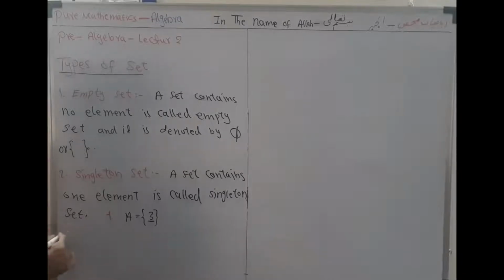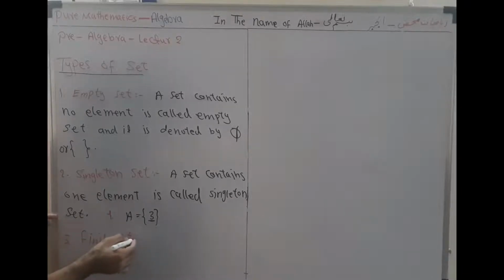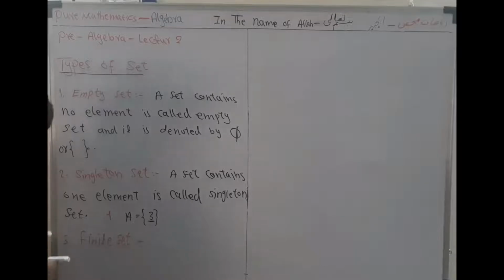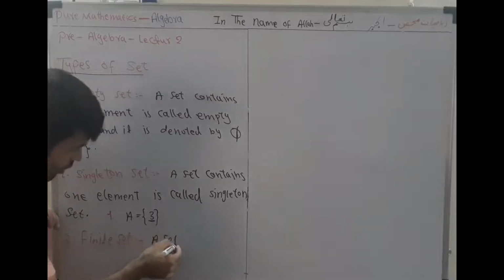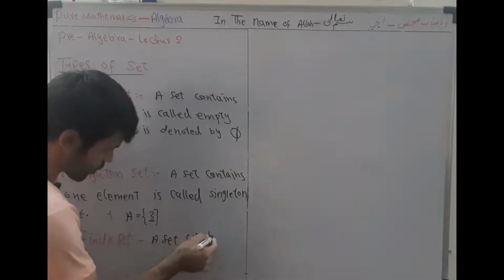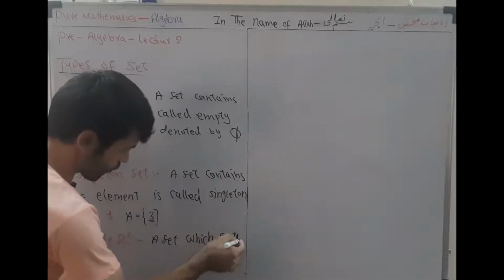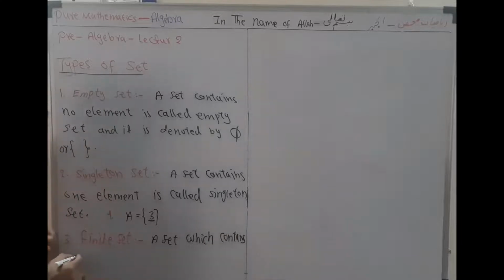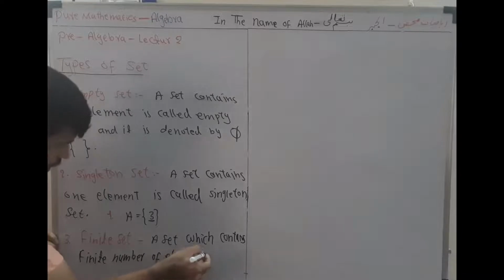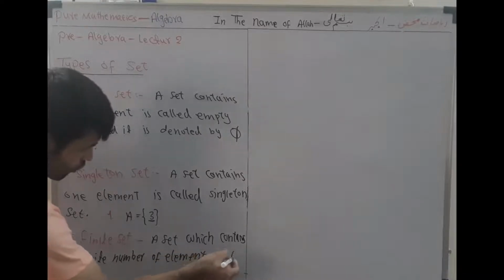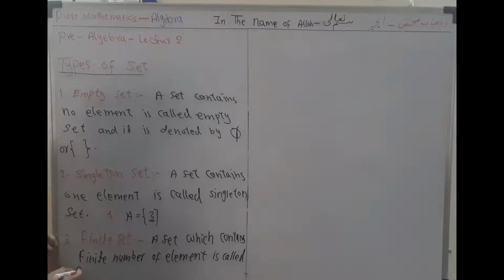Third one, finite set. A set which contains a finite number of elements is called finite set.